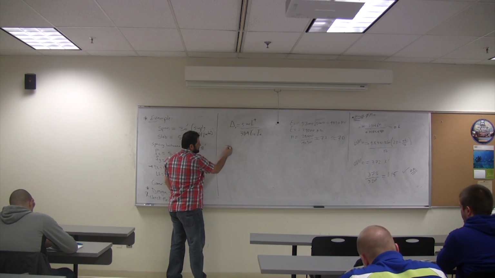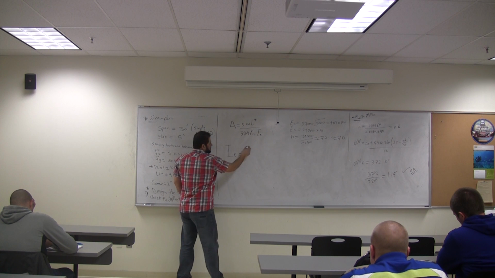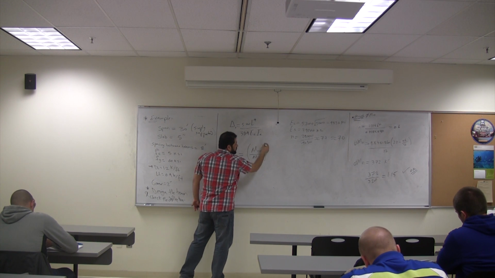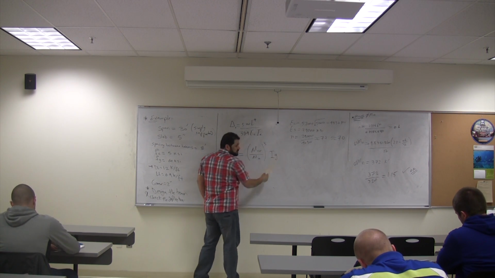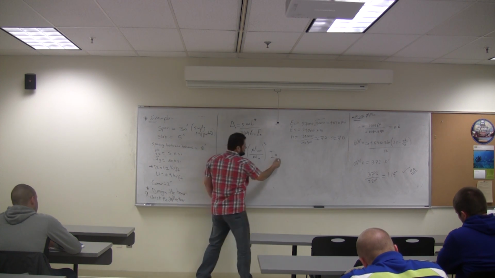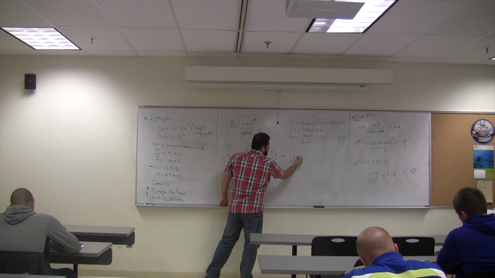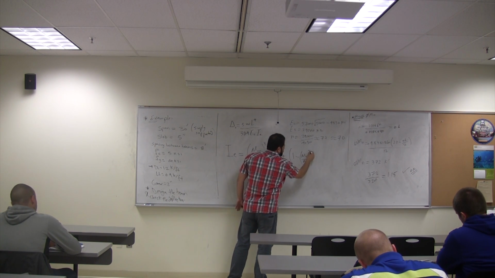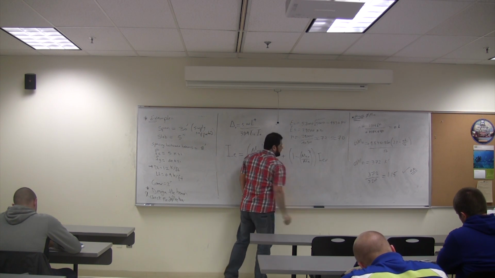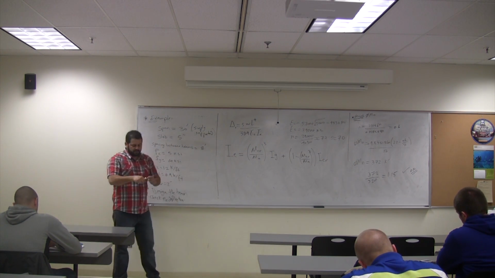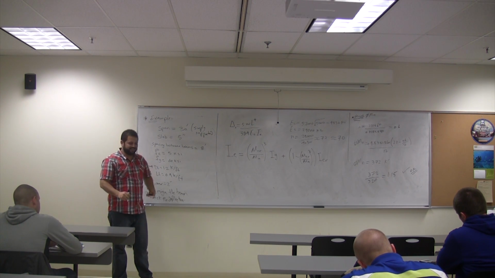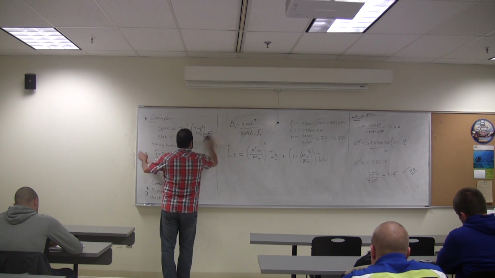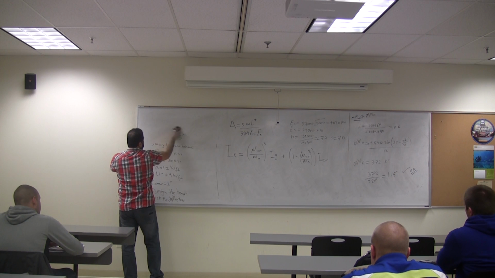So look at Ie now: (Mcr over Ma)^3 times Ig plus (1 minus (Mcr over Ma)^3) times Icr. Good? Look how many things we have in there. We're going to start one by one.